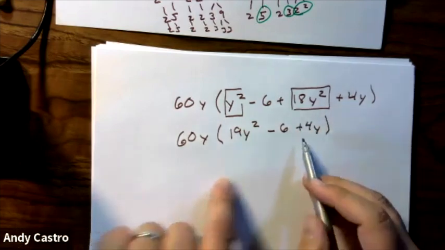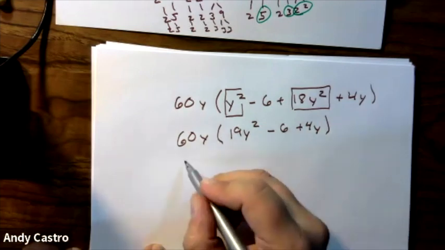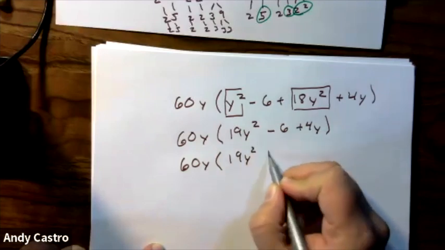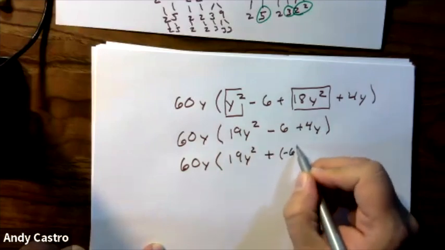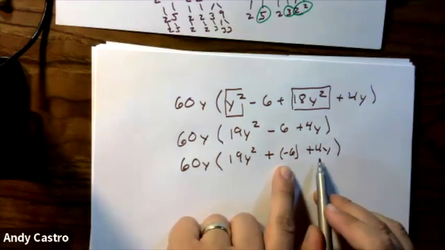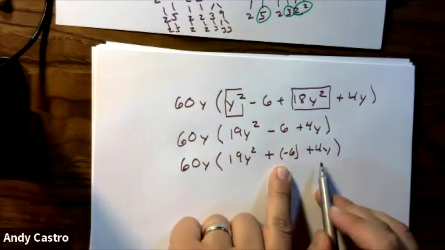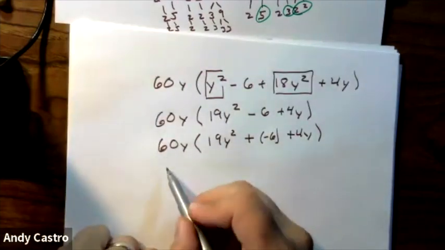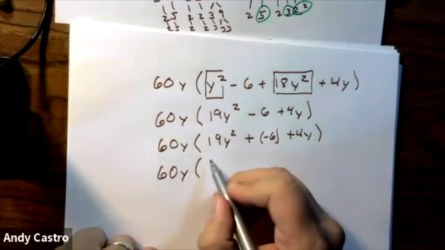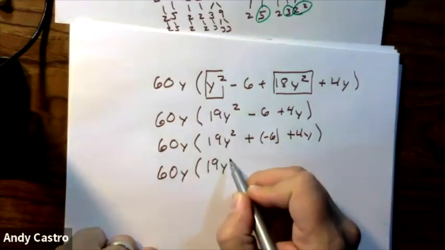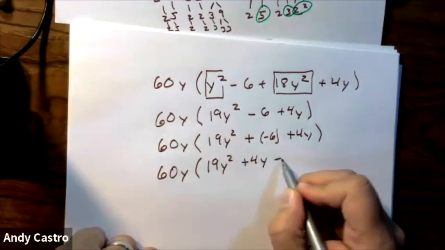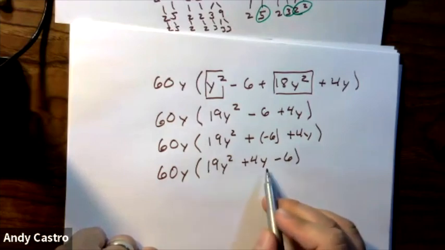Now, what I'm going to do is change this negative 6 to positive, through the definition of subtraction, plus a negative 6. And the reason is because I'm going to have the 4y and the negative 6 switch places. Because it is convention to always write terms in descending order of your variable. Okay, so y squared, then y.